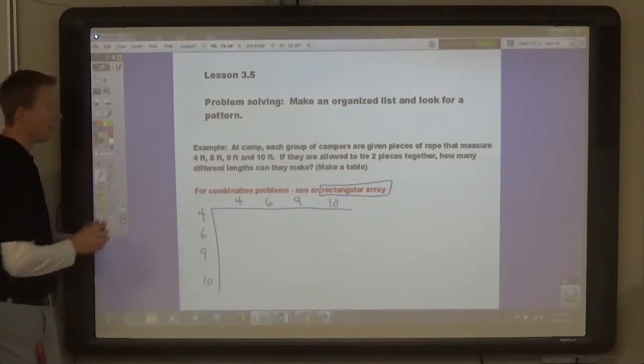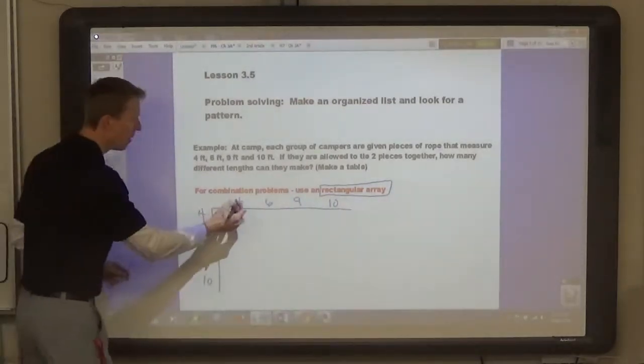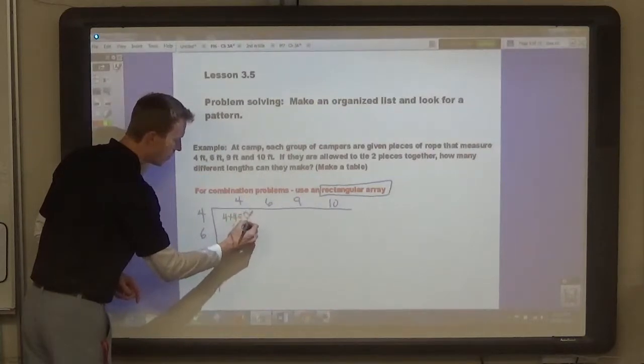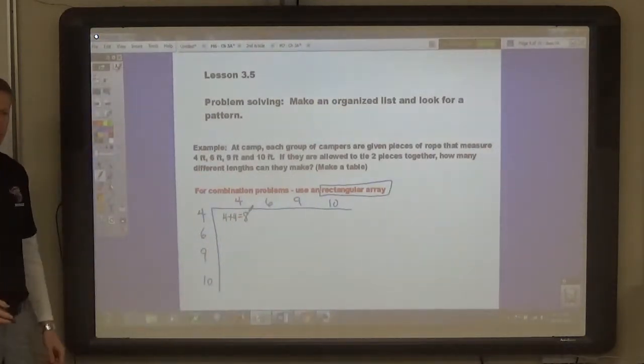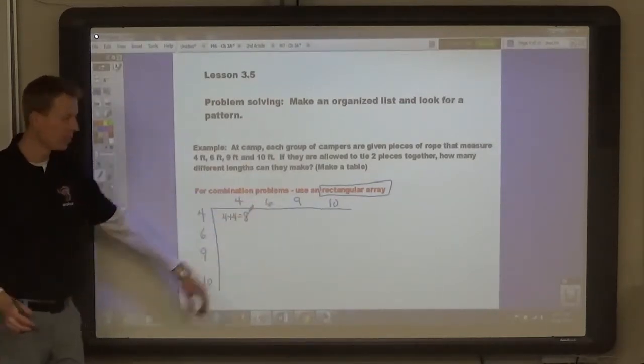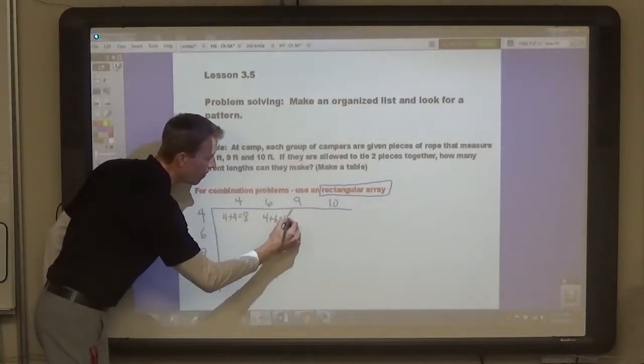So, if you are working with another group, you could combine the two 4-foot pieces to make an 8-foot. You could combine the 4-foot and the 6-foot to make 10 feet.